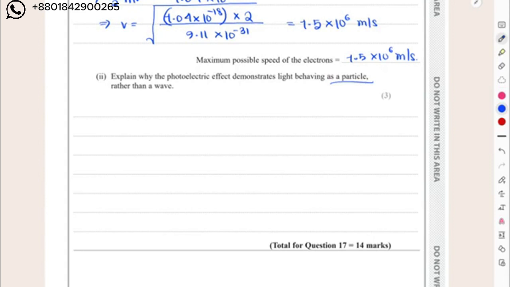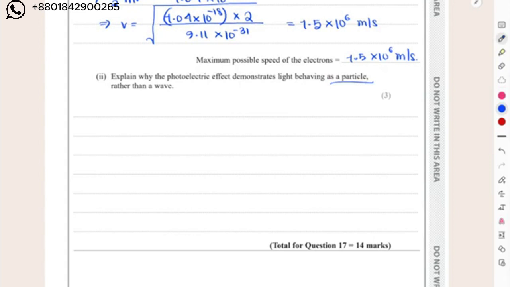If it was a wave, then even if a tiny amount of energy were provided, there would be electron emission, because for every small amount of energy there are vibrations, right? So for wave theory, every energy would cause electron emission. For particle theory, discrete values of energy will cause electron emissions, right? So that's why they represent particle theory, not wave theory.